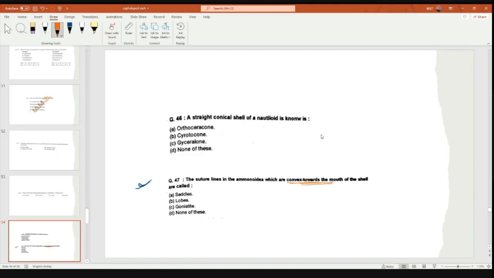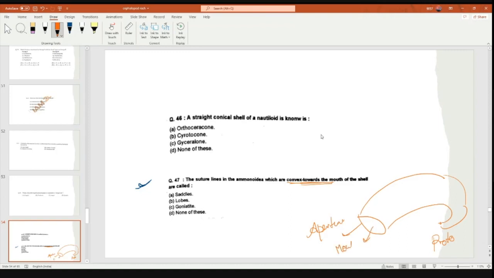You have to draw two cells like this, and this will be the posterior, the protoconch part. Or you can say posterior and protoconch all together here. And this will be the apex, and the aperture is here, and the mouth is here at the aperture.